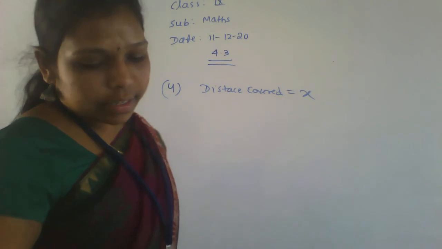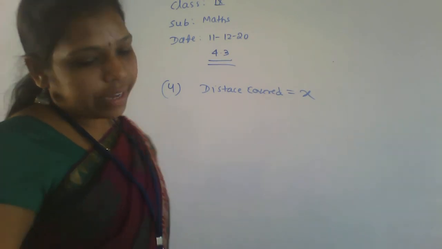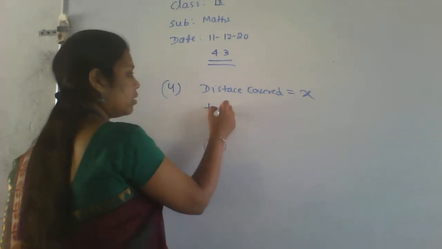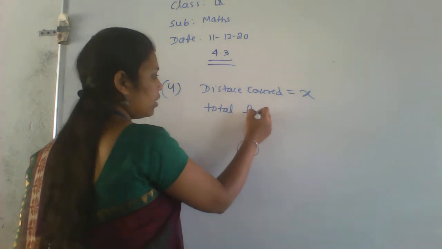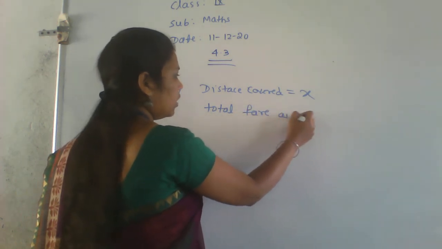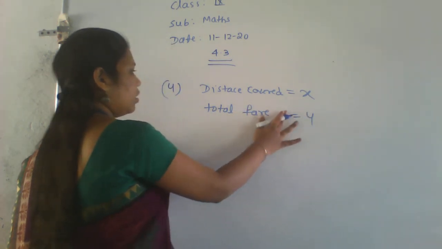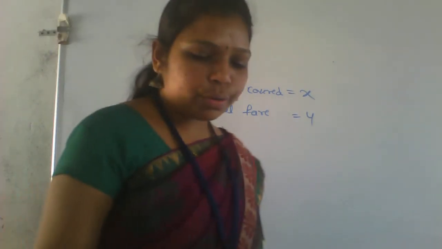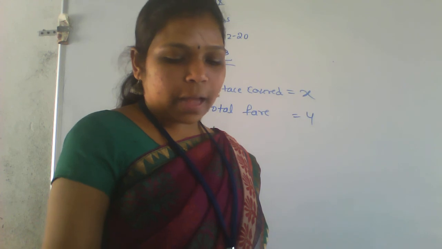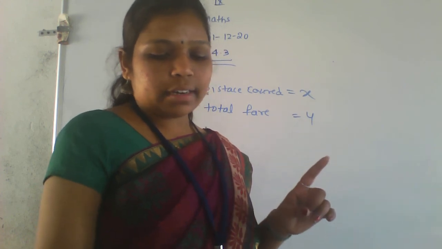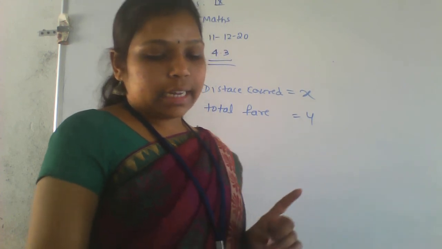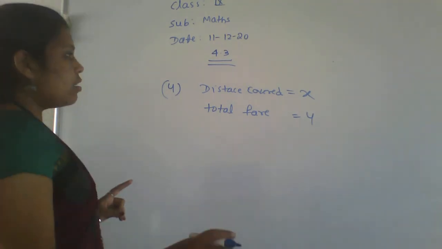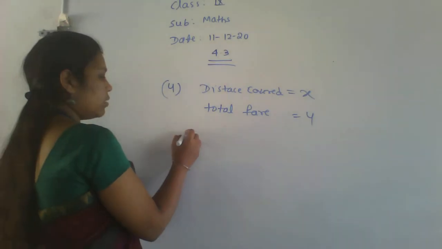Next, the total fare is y. Now you have to form an equation. For the first kilometer the fare is rupees 8.